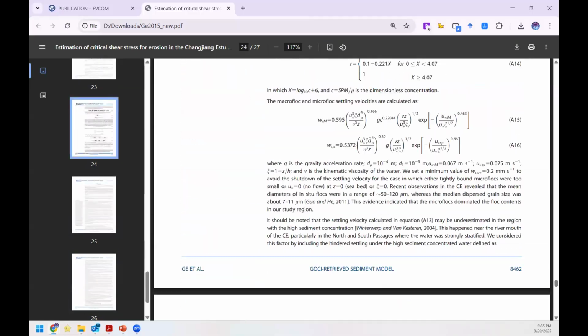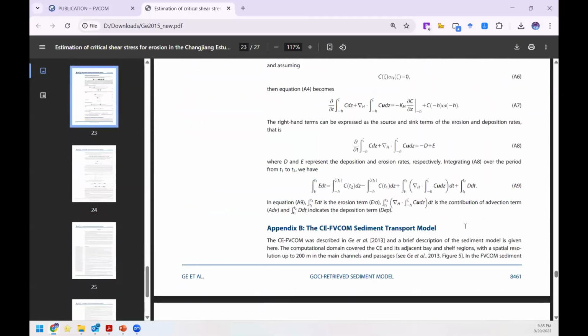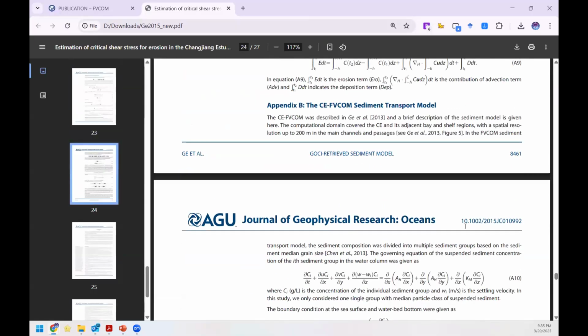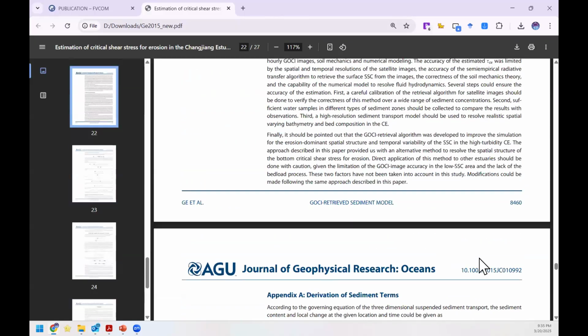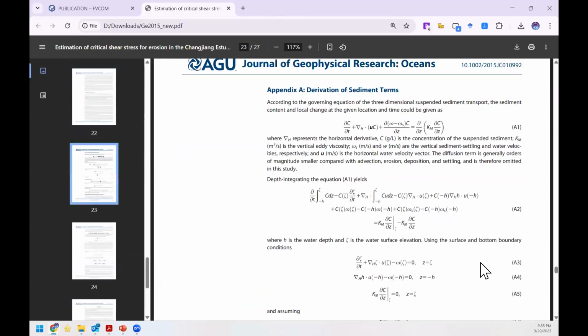Okay, oh yeah, here. Go down. This one, 1D. Go up. Yeah, this one. Okay, approach. Here, equations 7 to 10. You see here? That's the model. Okay, that's the one-dimensional model, integrated over the vertical. Great. All right.